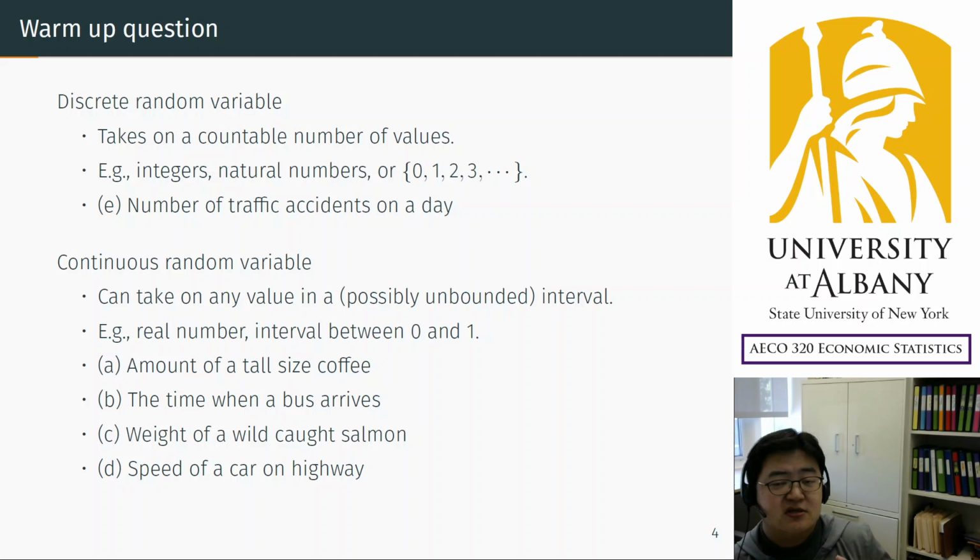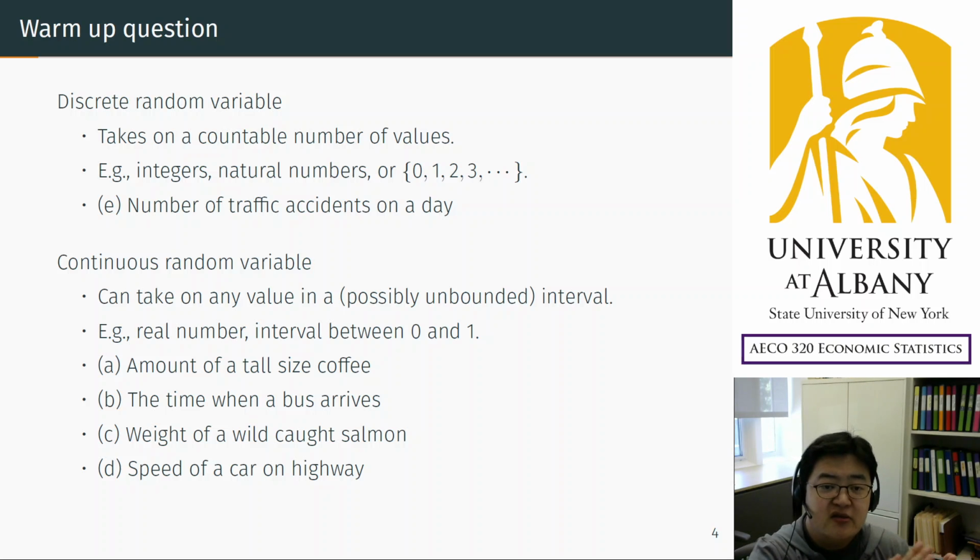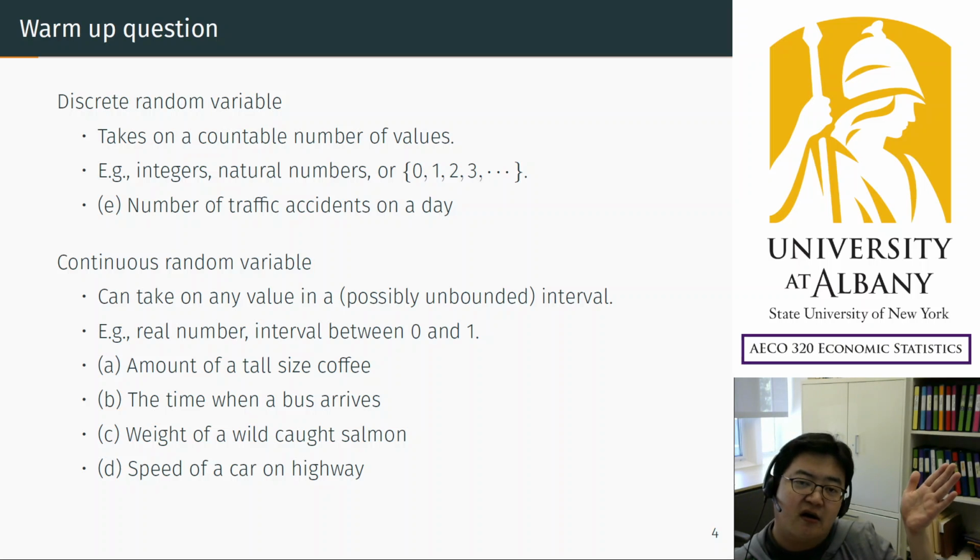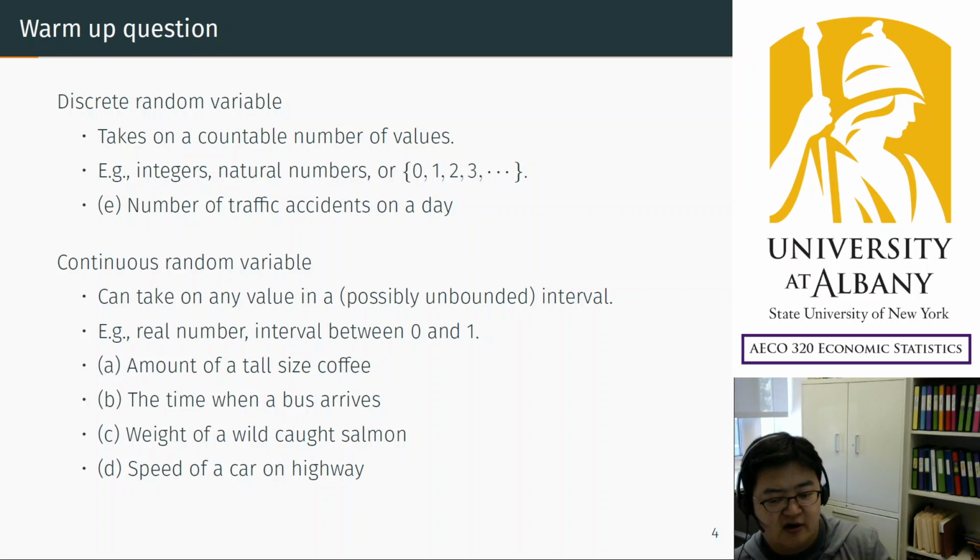60.0001 miles. So now I hope you understand the difference between a continuous variable and a discrete variable. If a variable takes a countable number like 0, 1, 2, 3, then that's discrete. But if a variable can be any number on a certain interval, then that's continuous.